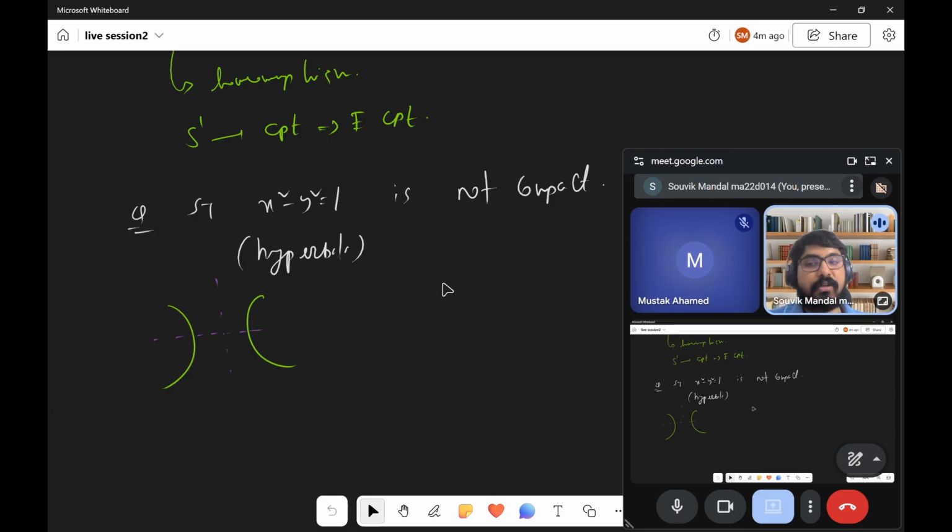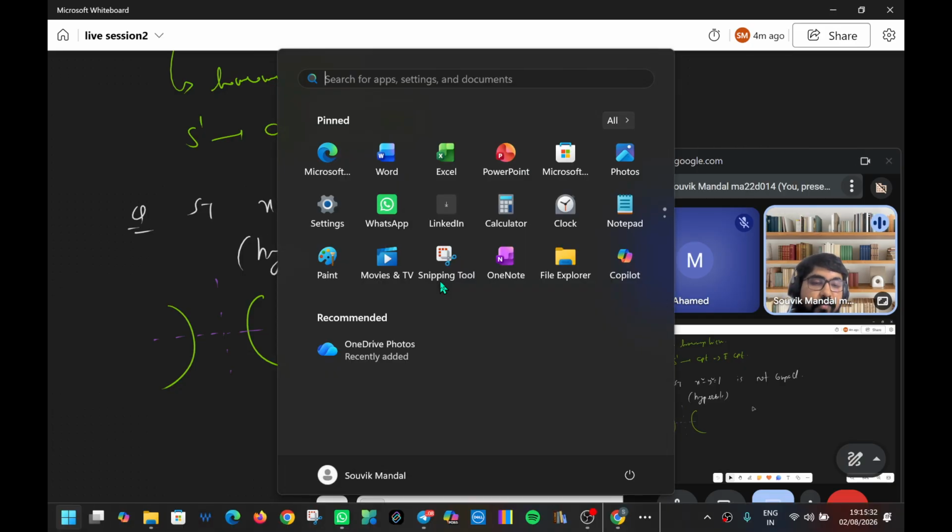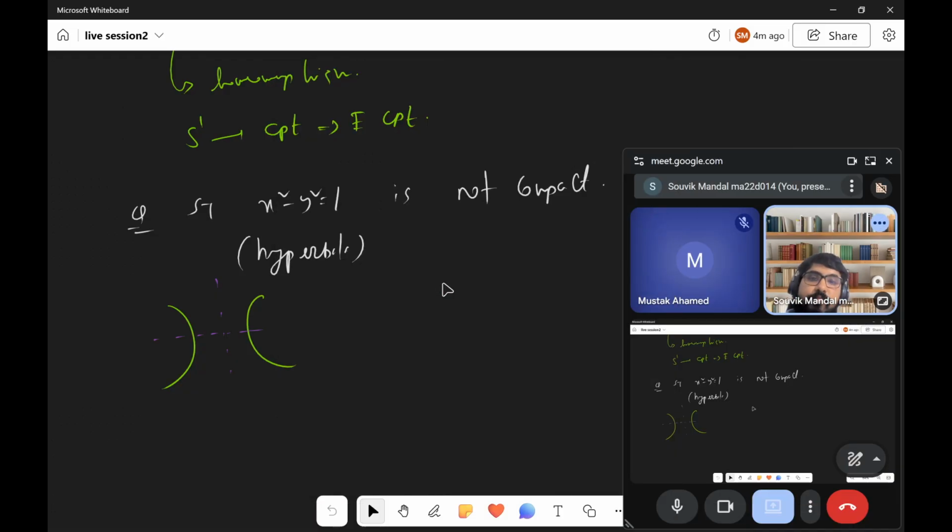Of course, this is not compact, because it is not bounded. However, you need to explicitly show it's not bounded. That means for any n you can get a point on the hyperbola whose norm is greater than or equal to n, right? So that's what you need to show. Please do think, figure out, and let me know. Take your time.